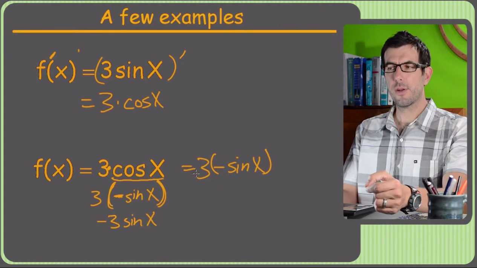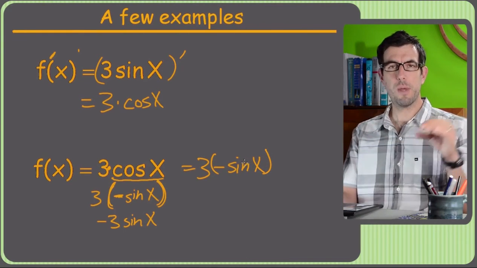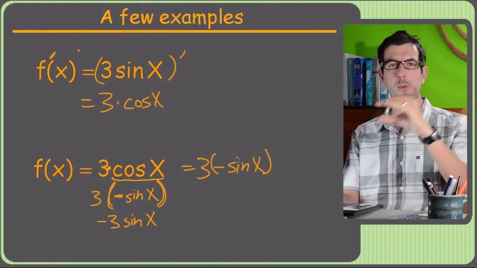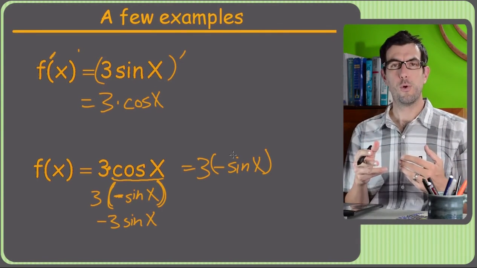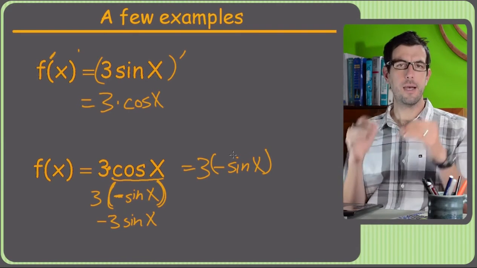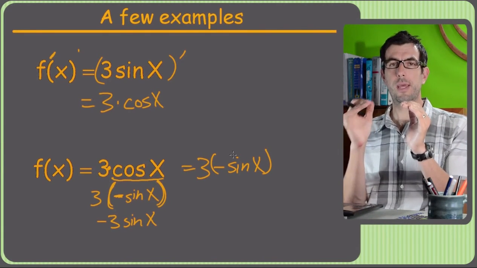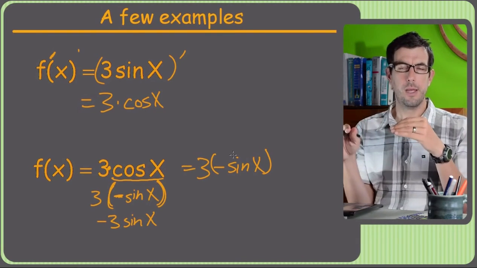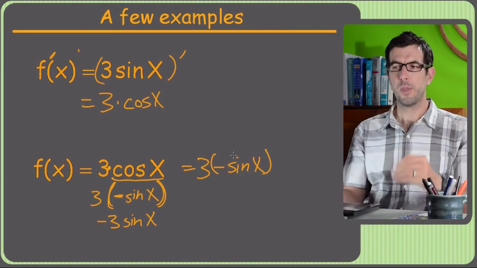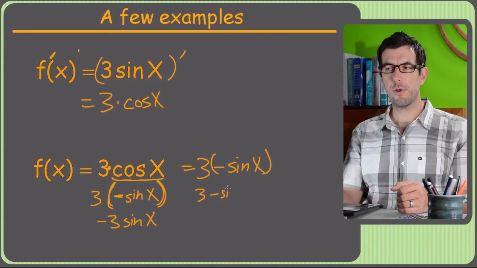Now obviously you're not as likely to make the mistake I just told you on a problem as simple as this, but what if it had been one of these more complicated derivatives where you got term after term after term, or maybe it's in the middle of some crazy chain rule or quotient rule problem with tons of terms. If you write down the negative sine x without parentheses around it and then keep going, and then 2 minutes later you're on the next line trying to look for terms to combine, you might not remember that the 3 minus sine x you wrote was 3 times negative sine x.